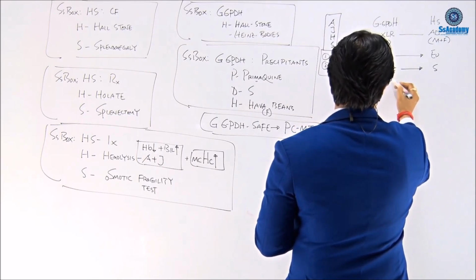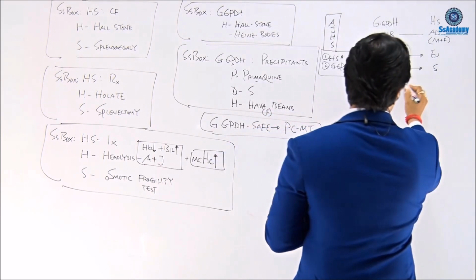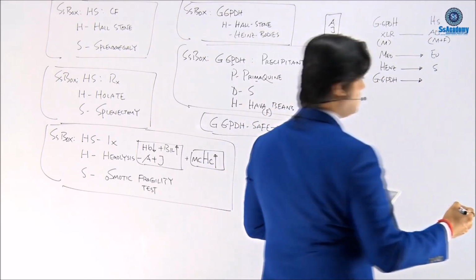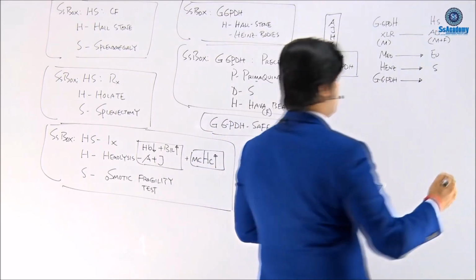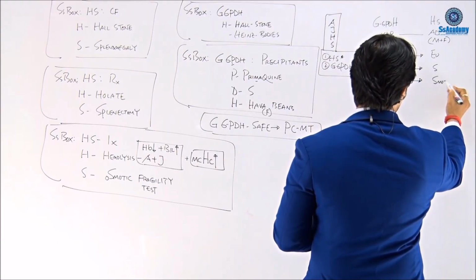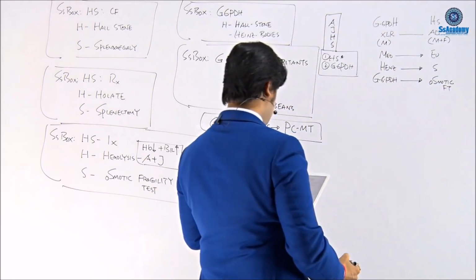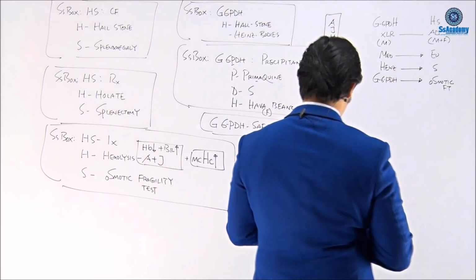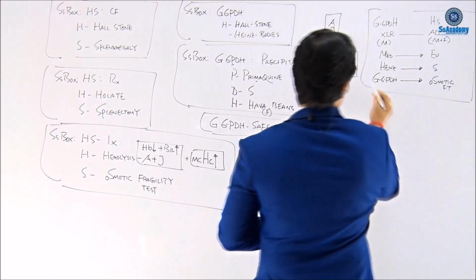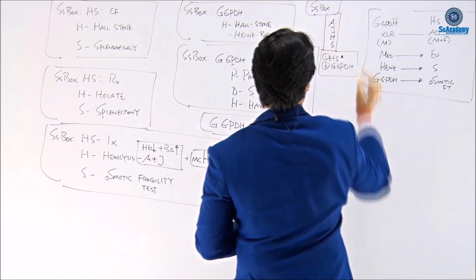In contrast, for hereditary spherocytosis, H for hereditary, S for spherocytosis, once again S for osmotic fragility test is the diagnostic test. Yes, my dear, this is a very important box to differentiate between these two.